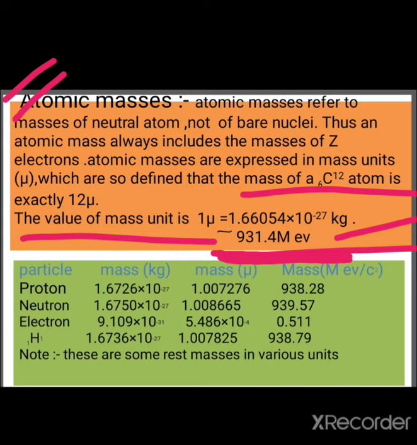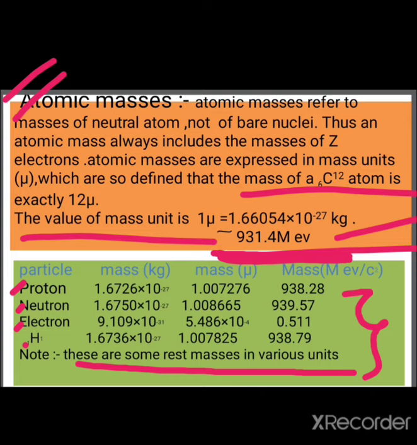Further, there are some rest masses in various units of different particles like proton, neutron, electron and hydrogen atom. You can remember all these values in different units. Like mass in kg for proton here is 1.6726 into 10 raised to power minus 27.